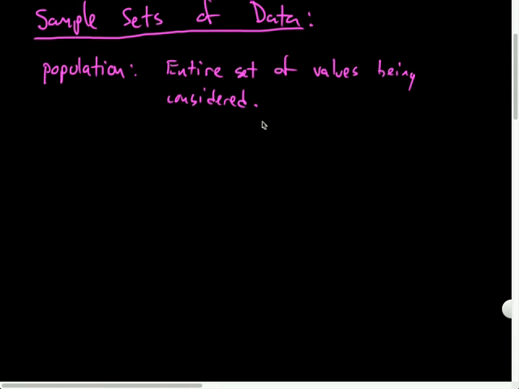So what they do is they take a random sample of the population. So here's what a random sample is.